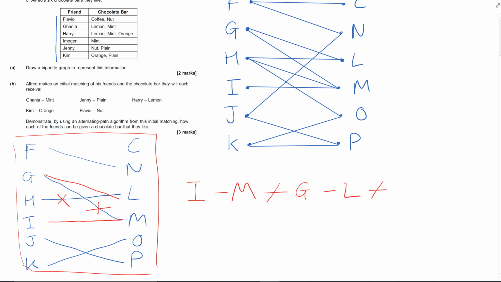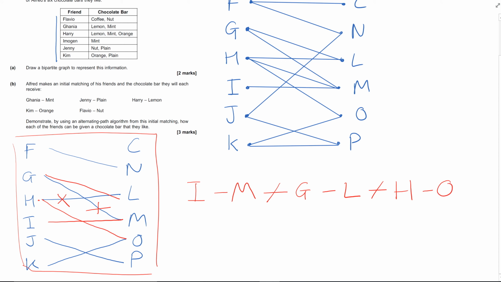He's come away from lemon, so let's make him go with orange. Sorry, it has been removed from H, should I say? I got myself a bit confused there. And H is now going to be matched with O. So H goes to O.